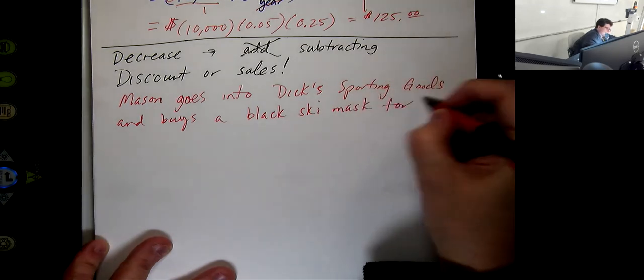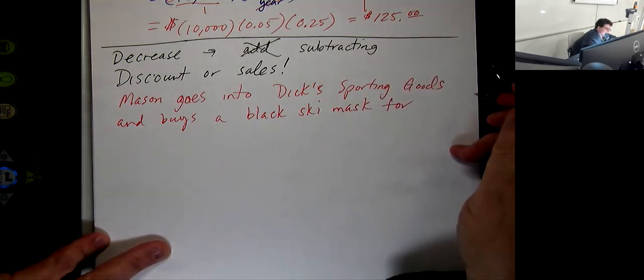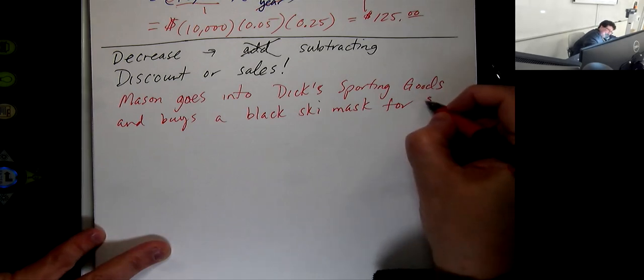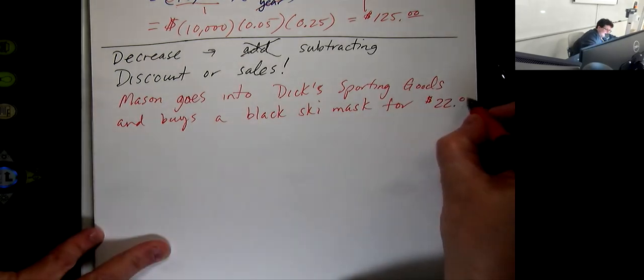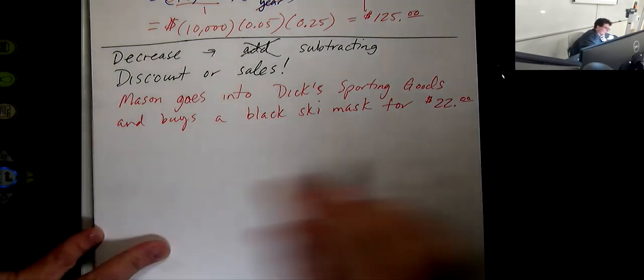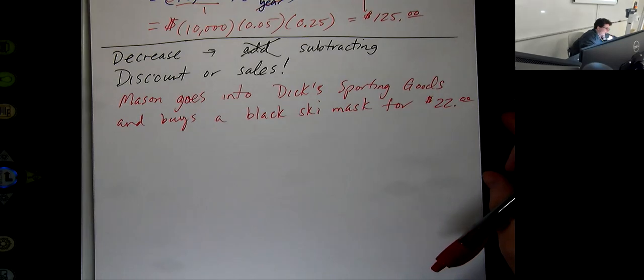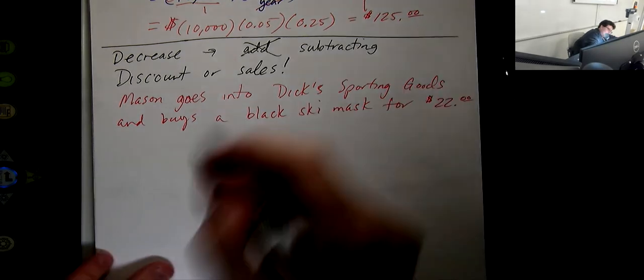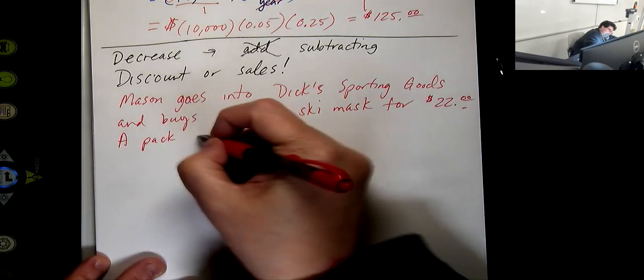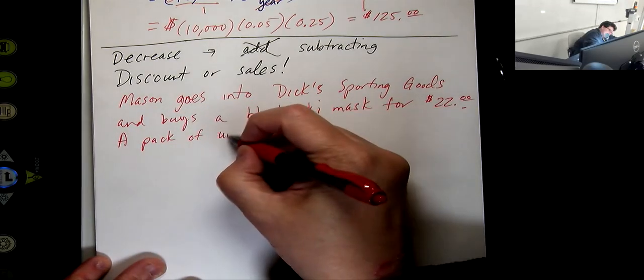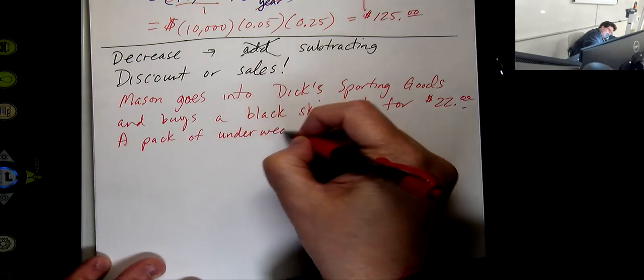How much do you think a black ski mask is? Last one I bought was about 22. Let's say 22, everything will be whole numbers here. What else did you buy? A pack of underwear. How much was your underwear? About $30.